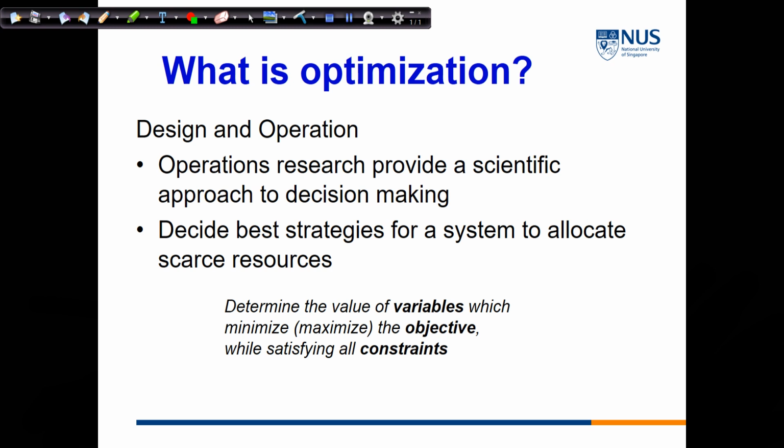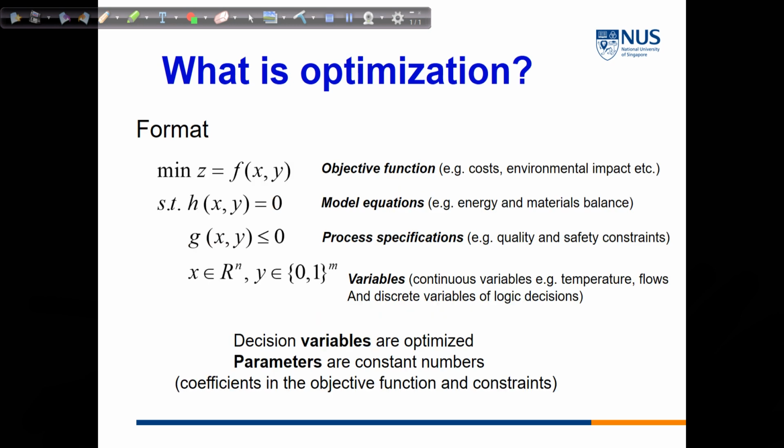Or if you have no constraint, like the problem of least squares we'll discuss later, it's also unconstrained optimization. It's a basic problem formulation we will discuss in lecture 2. And then the format to write down this optimization problem in mathematical form, we will use again and again in our problem formulation.